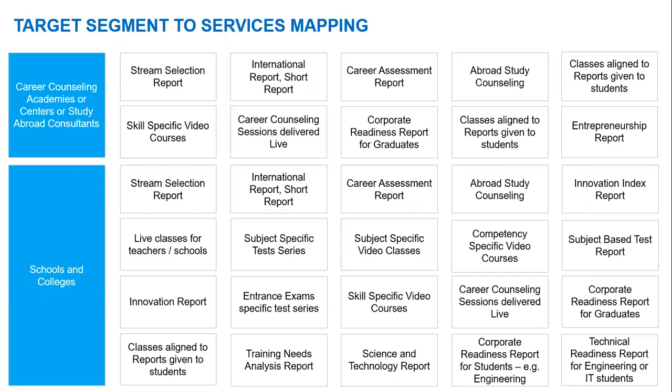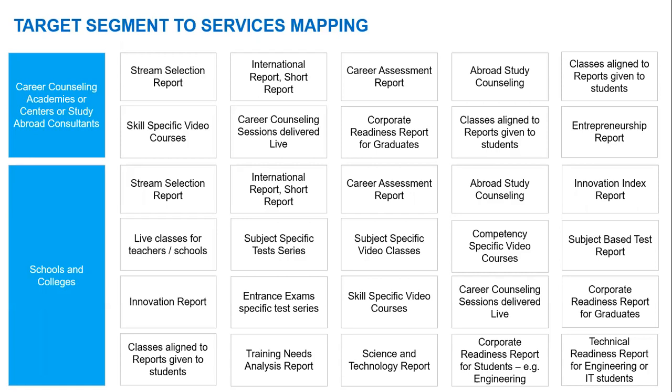So for career counseling academies or centers or study abroad consultants, if you want to approach as a consultant and offer your services, then you can offer a gamut of these particular services: stream selection report, international report, short reports, or career assessment reports, or abroad study counseling, or classes aligned to the reports which are given, or skill specific video courses, or career counseling sessions which you can deliver live, or corporate readiness reports for graduates, or classes aligned to reports given to the students, or entrepreneurship reports, for example.